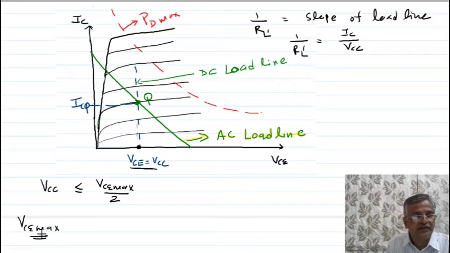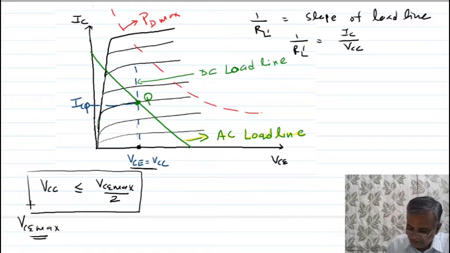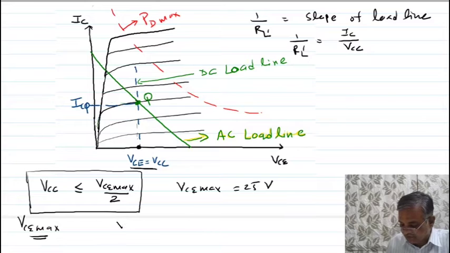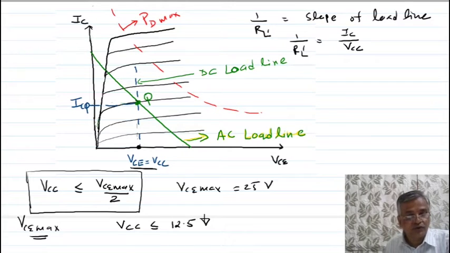So you have to take the collector supply voltage according to this equation. Suppose for a given transistor VCE max is equal to 25 volt, then you should always take VCC less than 12.5. So you can take 9 volt, 10 volt, or VCC 12 volt. So supply voltage should be selected from this equation.